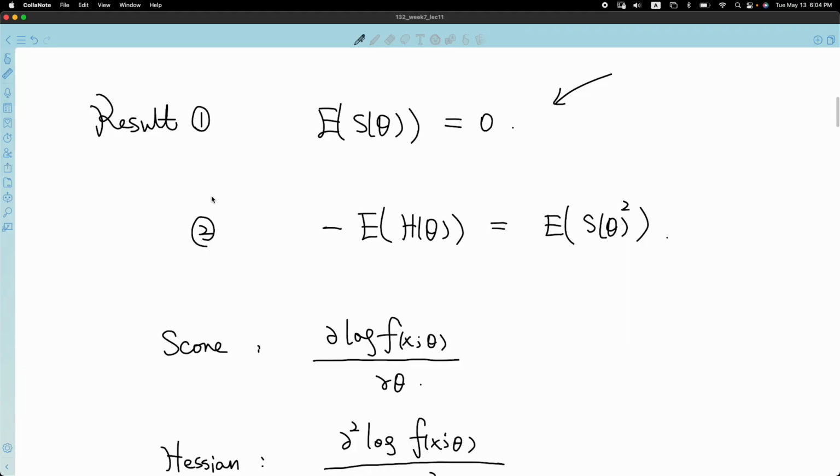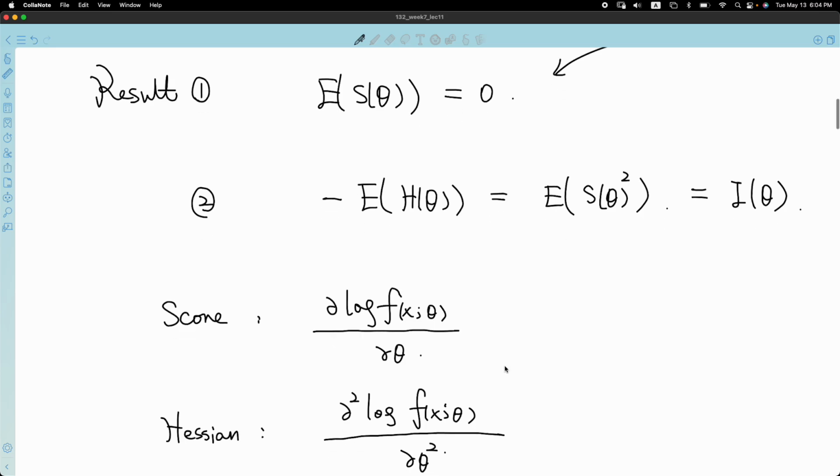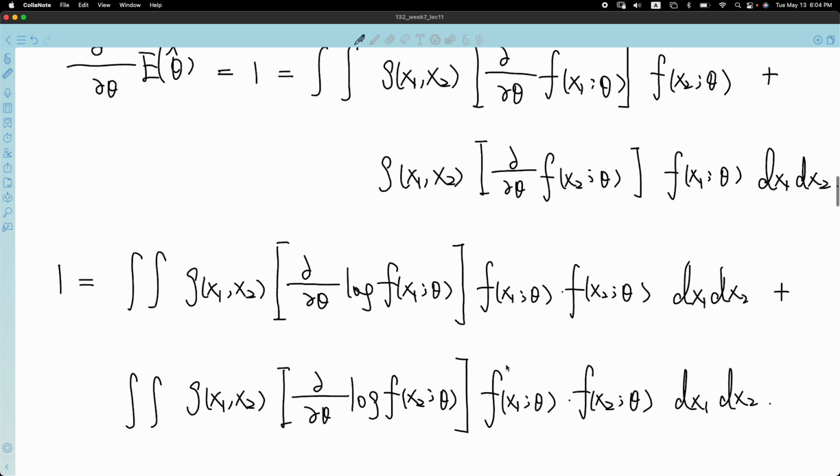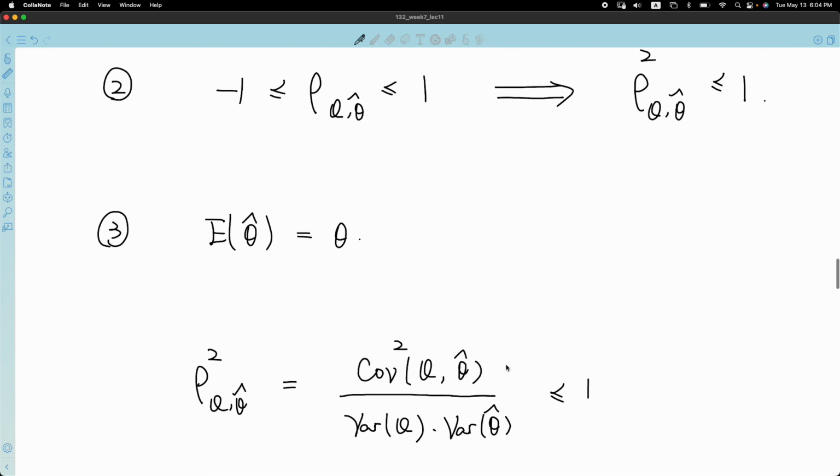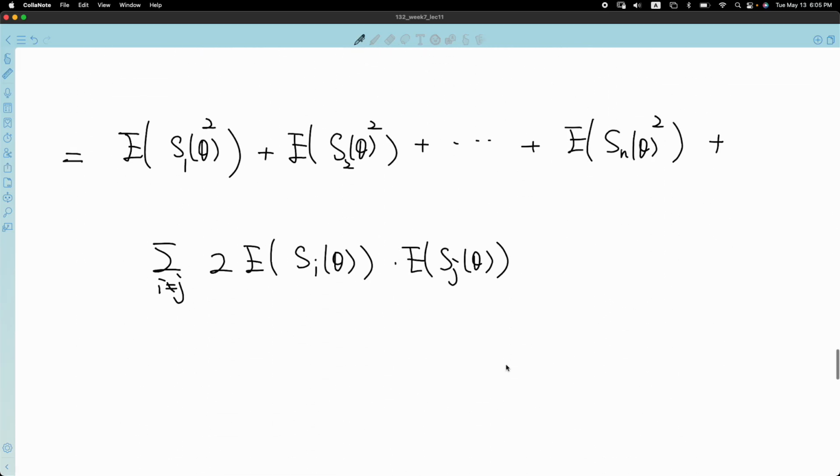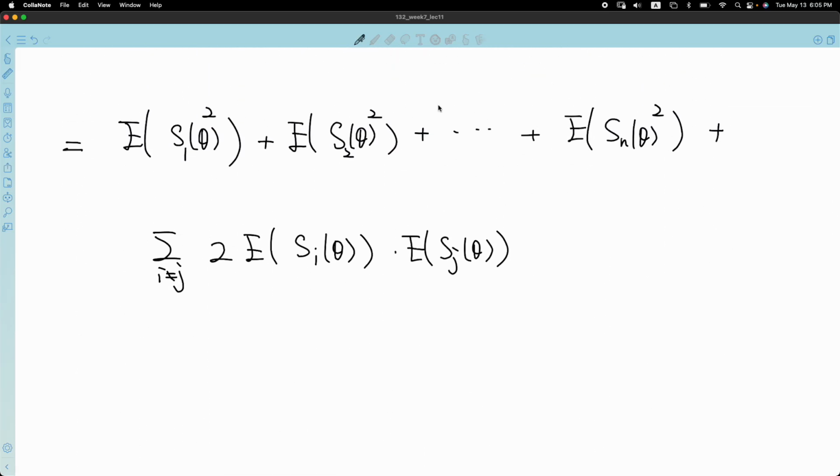The expectation of the score square is equal to the negative expectation of the Hessian. And then we also give a name to this, which is called the Fisher information. So for each of them, the square of the score, after taking expectation, all the cross product terms equal 0 and just go away.